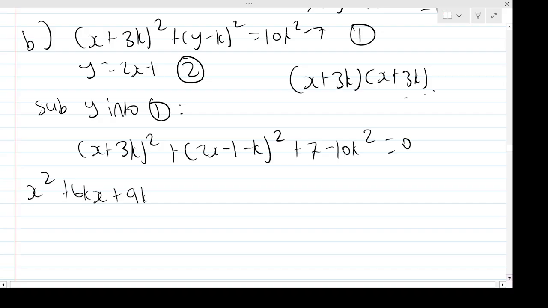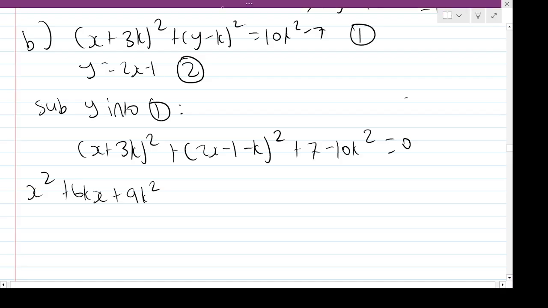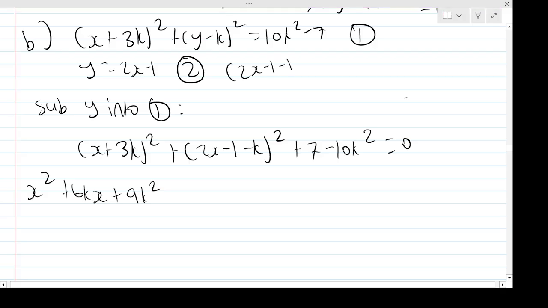That'd be 9k squared. Then this one, I am going to do aside, because there's 3 terms here. So it's a very tricky bracket to just do in your head. So we're going to get 2x minus 1 minus k, then it's repeated.